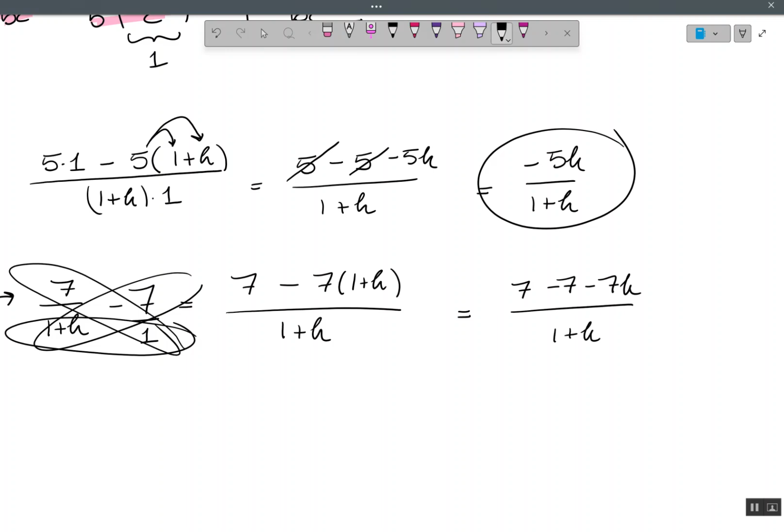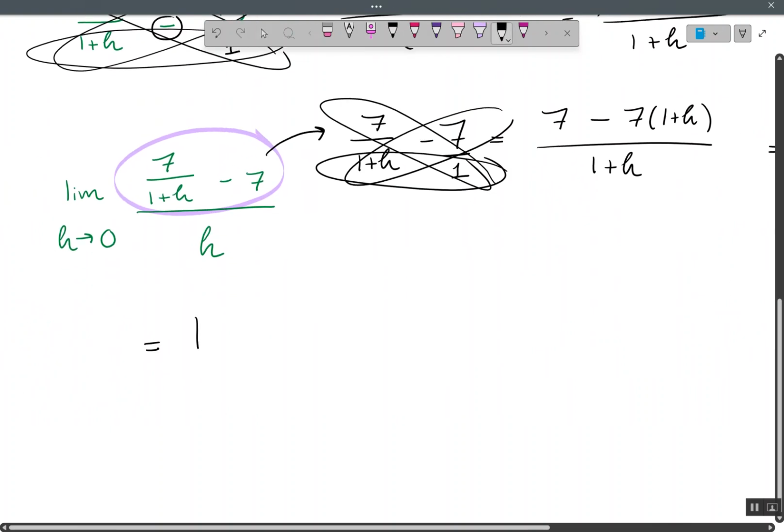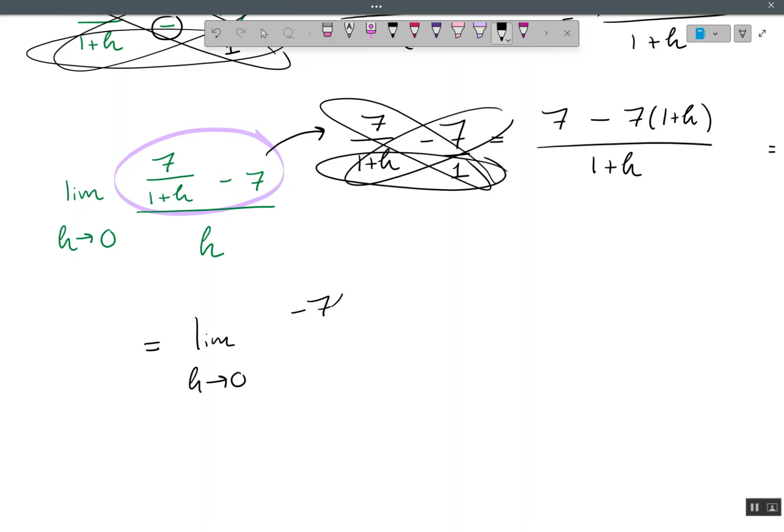Just like above, these guys are going to go away, and we have negative 7h over 1 plus h. So we'll use that down here. Negative 7h over 1 plus h was our numerator. And now we're dividing by h.